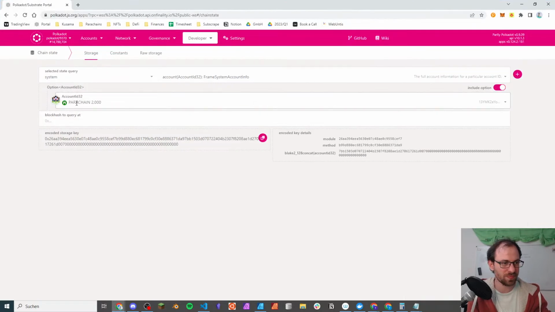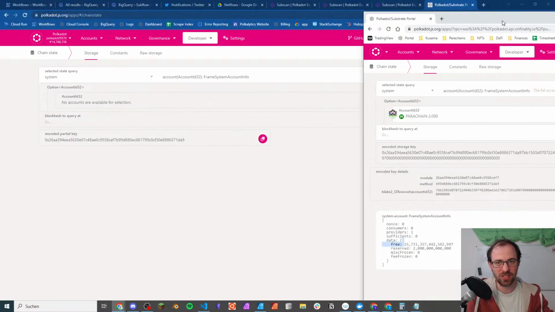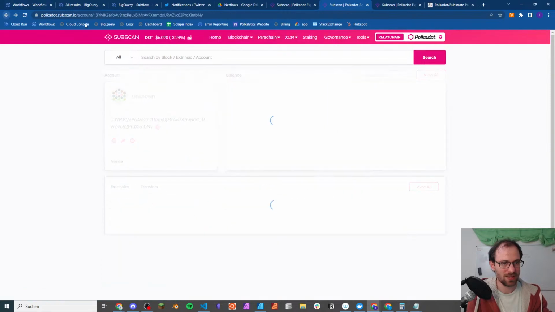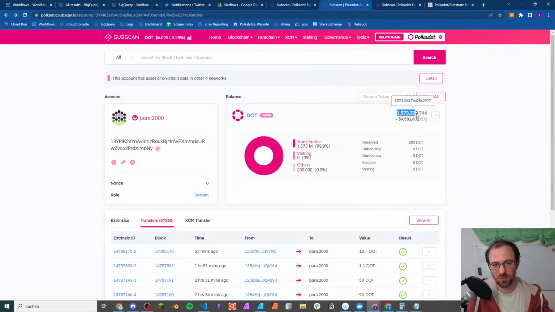Okay, I'm going to ask for the state of parachain 2000. When you ask the RPC that, it will give you the current state of how much DOT is in that account. And we can compare that with Subscan. If we go into Acala, parachain 2000, you see there is 1.573 million DOT.